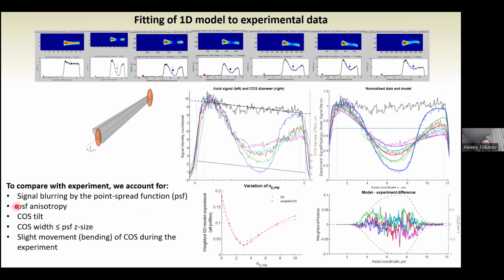Okay, we need to account for anisotropy of the point spread function, for tilt of the cell, so it is slightly tilted relative to the observation plane, okay, and so on.